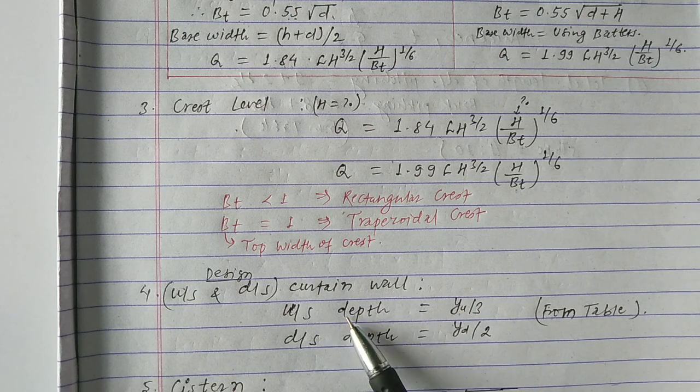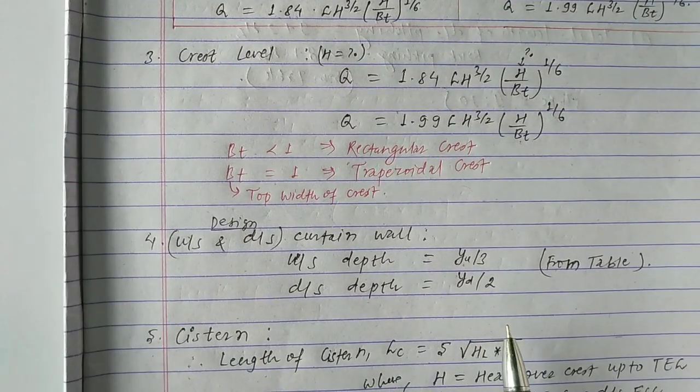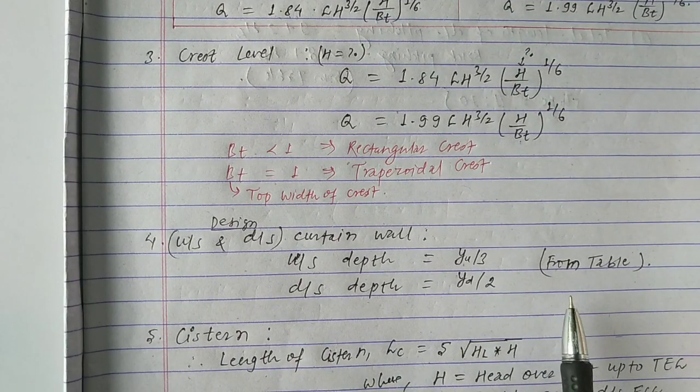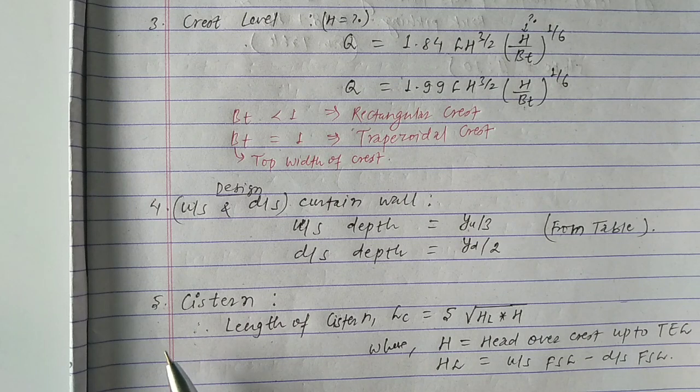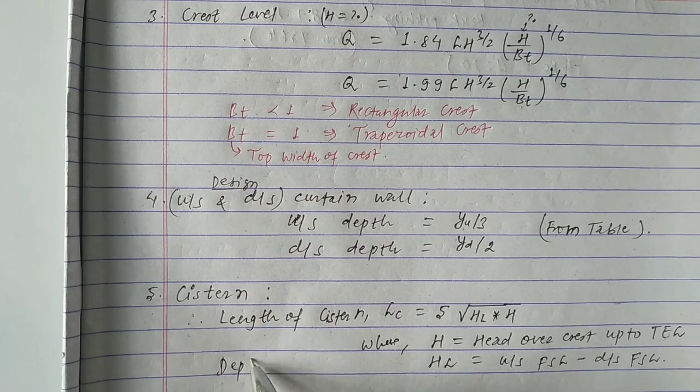The values are also taken from the table, as we discussed in the numerical in the previous video, and we will describe them further during the numerical. In the next step, the fifth step, is for the cistern. We have to calculate the length of the cistern, or you can say the depth of the cistern as well.